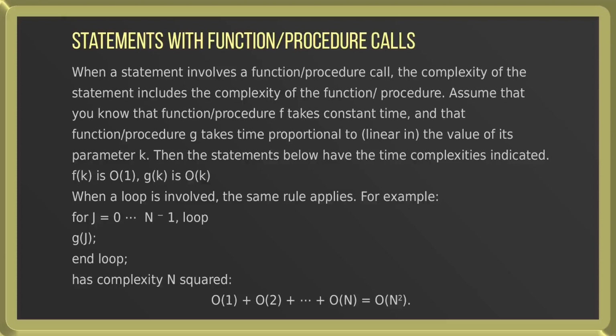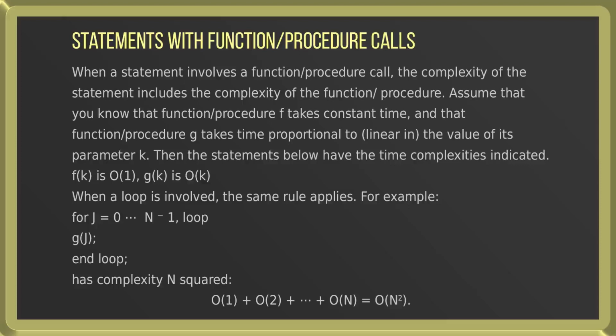Assume that you know that function f takes constant time, and that function g takes time linear in the value of its parameter k. Then the statements below have the time complexities indicated. f(k) is O(1). g(k) is O(k).